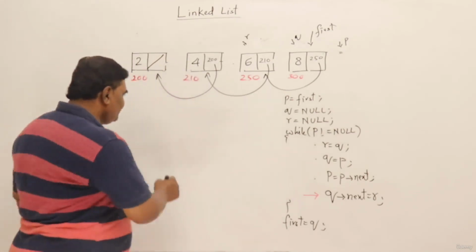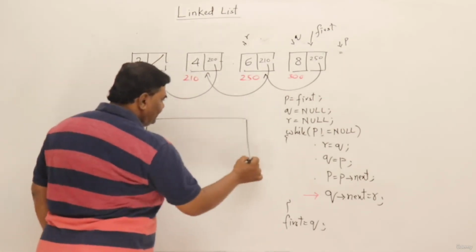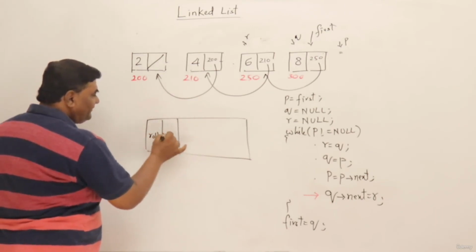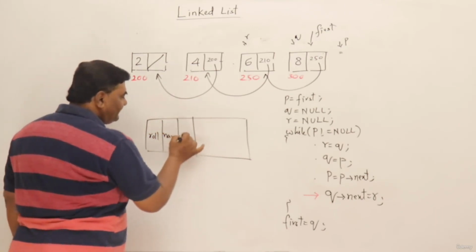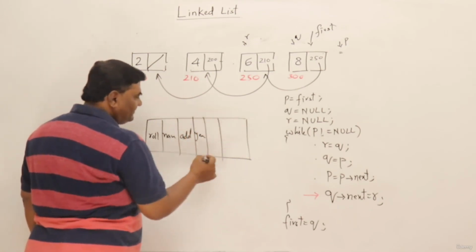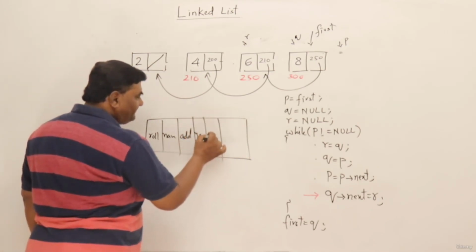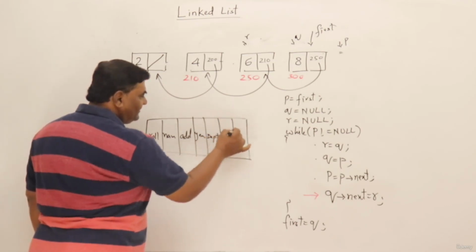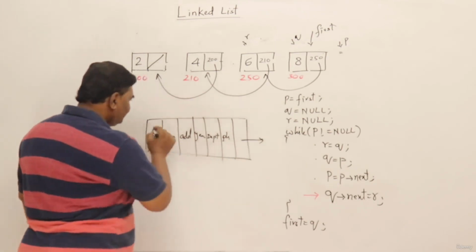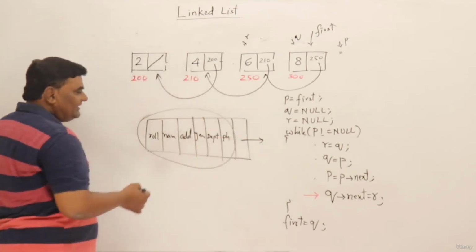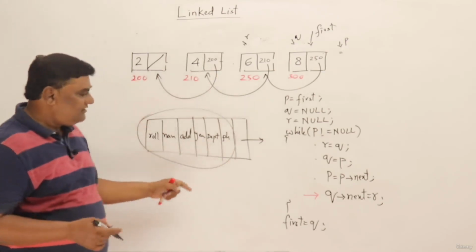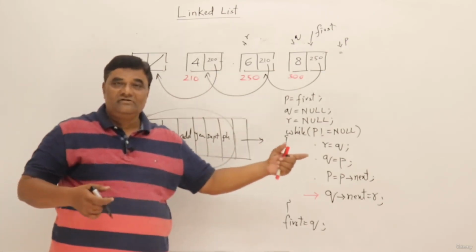For example, there is a node having the roll number of a student, name, address, year, department, and mobile phone number of a student. Then there is a link. So this whole record is there. It's not just one value like 2, 4, 6, 8. There is a complete record. So it's a linked list of records.